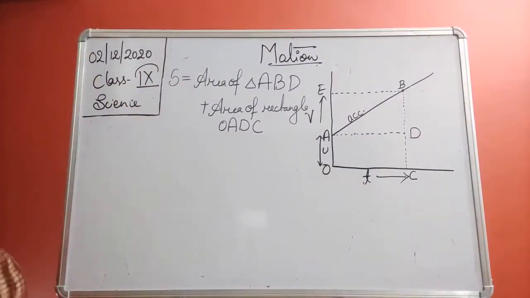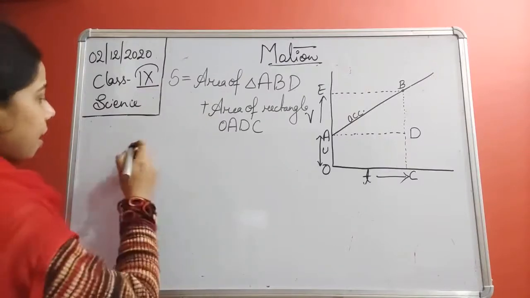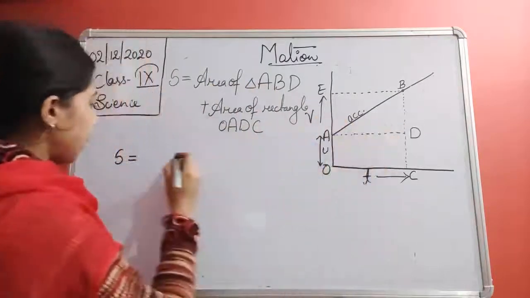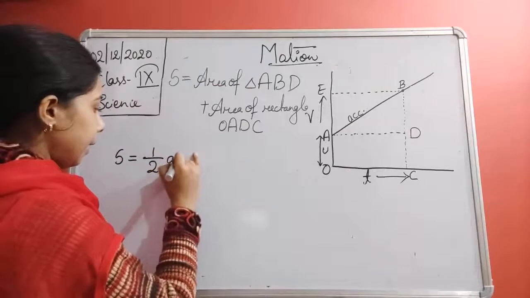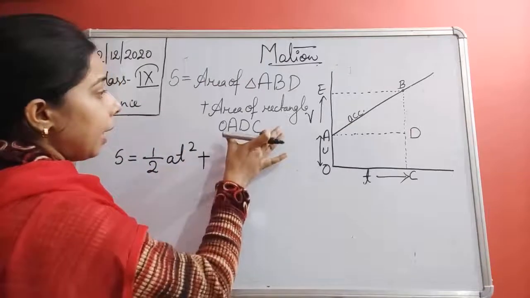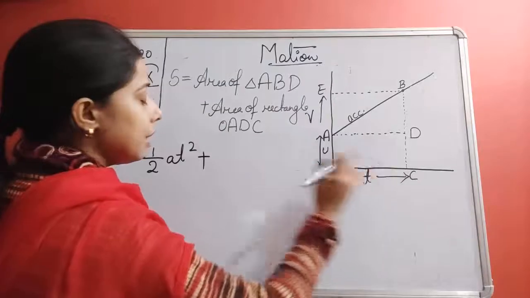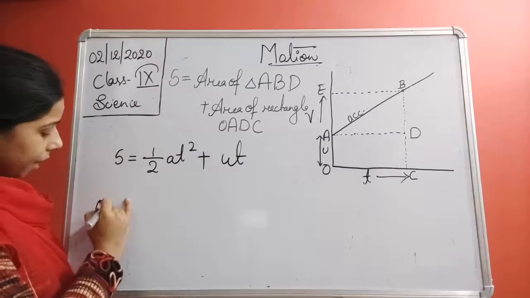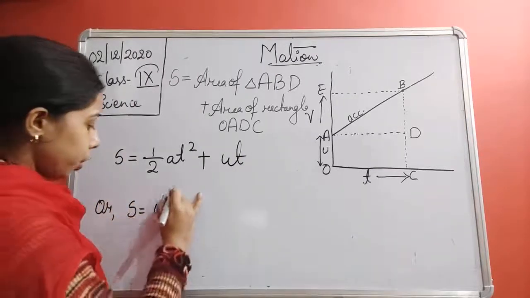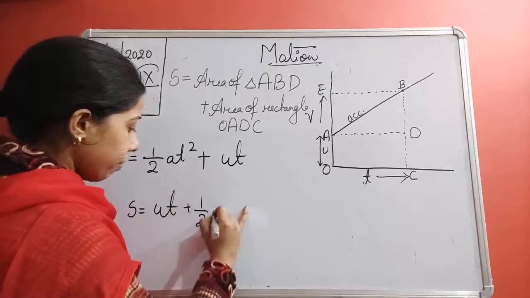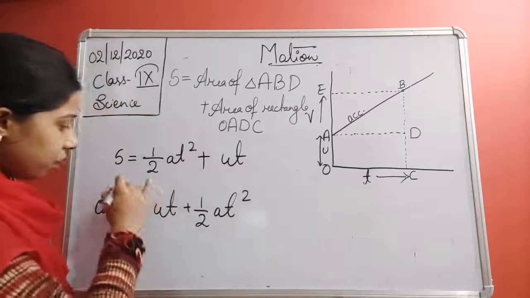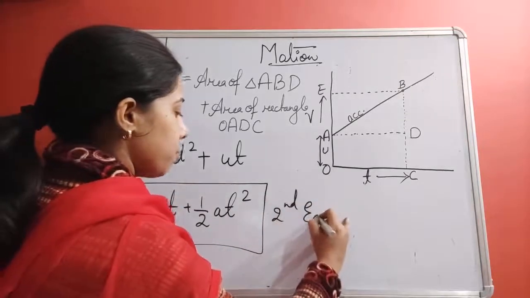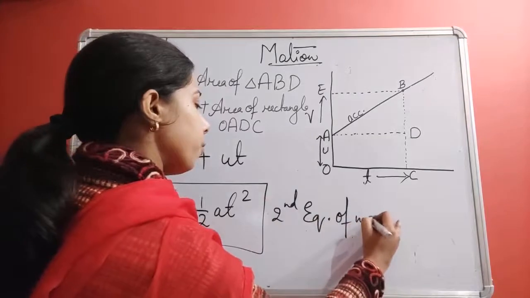So we can write it here, students, that S is equal to the area of triangle ABD, which came out to be half AT square, plus the area of rectangle OADC, which came out as UT. Or we can write S will be equal to UT plus half AT square. This is the second equation of motion.